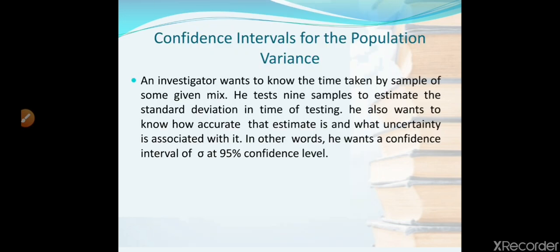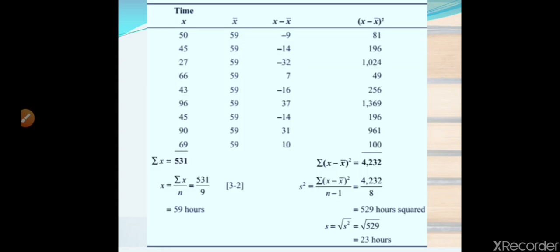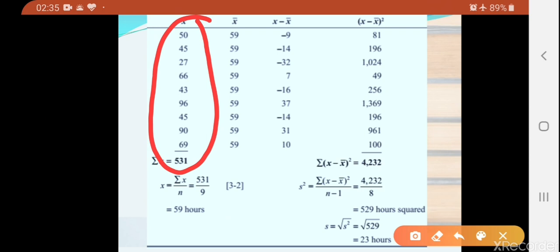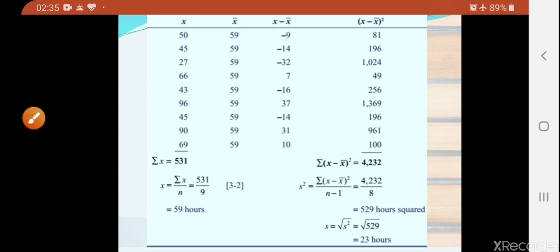Now, if we want the confidence interval, how do we proceed? First of all, we will find out the variance and standard deviation of the sample. For that, we know x, the time given by the samples. 9 samples have been taken, so he has noted the time for the 9 samples.